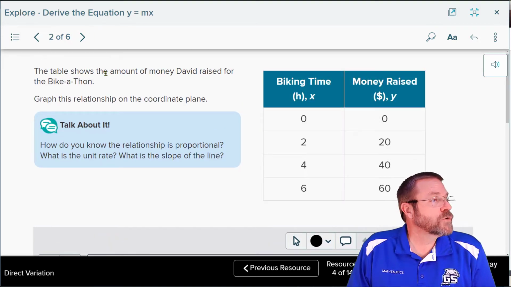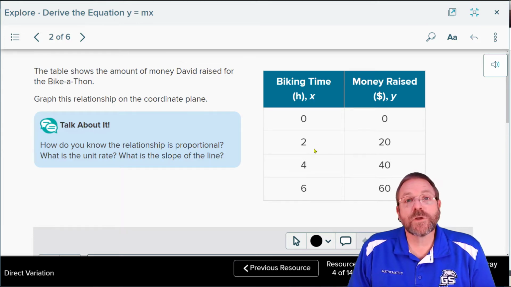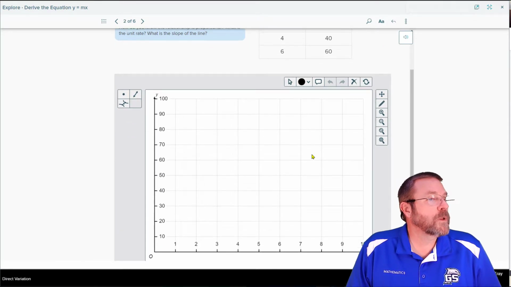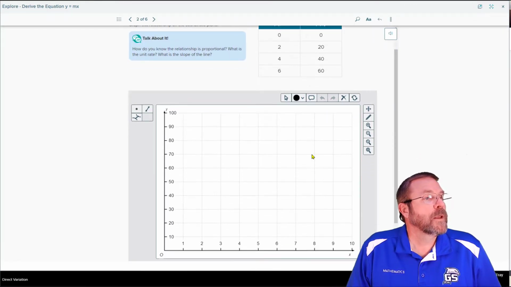The table shows the amount of money that David raised during a bike-a-thon. We're going to graph this relationship on the coordinate plane. So let's zoom way down here so we can see everything for just a minute. (0, 0) is where he started, and then where x is 2, y is going to be 20.